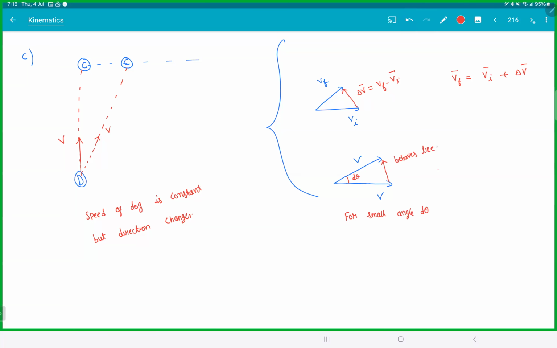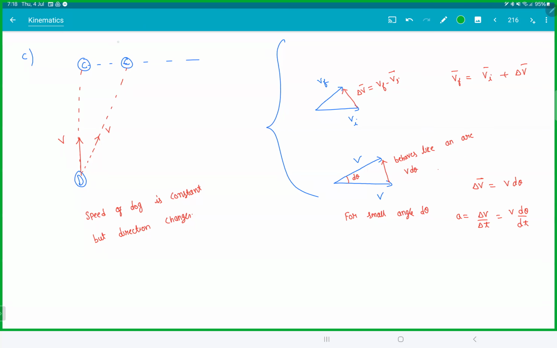It basically becomes a circle of radius v, so the arc is v d theta. So the change in velocity for small angles is v d theta. What is acceleration? Delta v by delta t, which is v d theta by dt. So whenever a body goes with constant speed, the acceleration is given by v into d theta by dt.